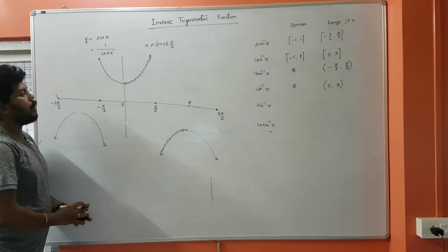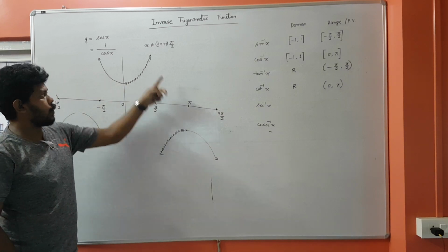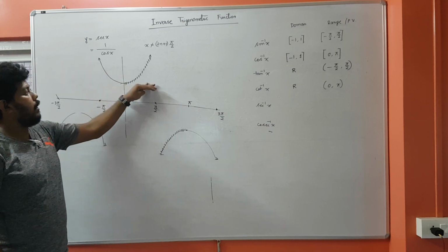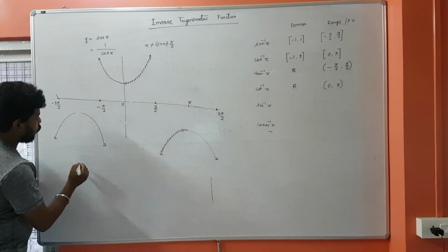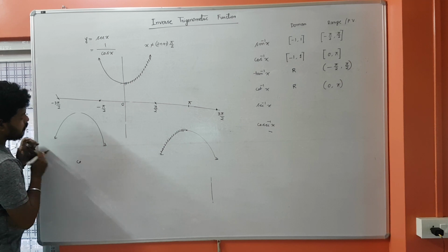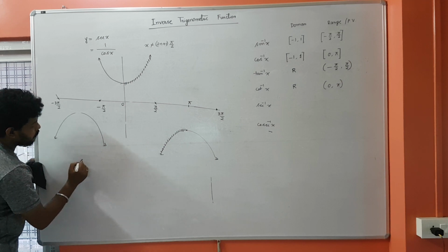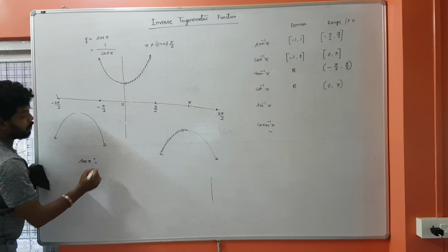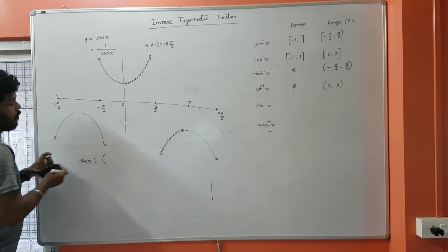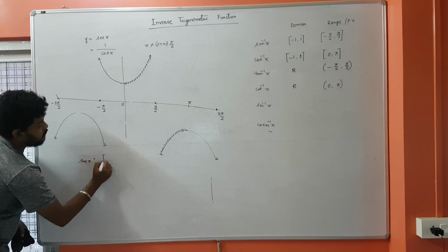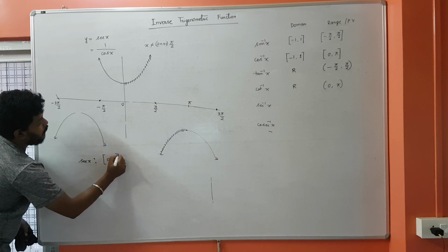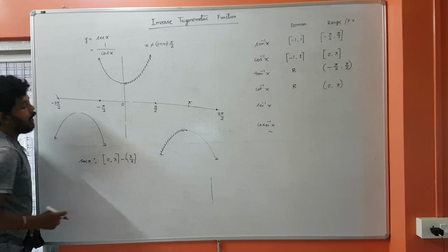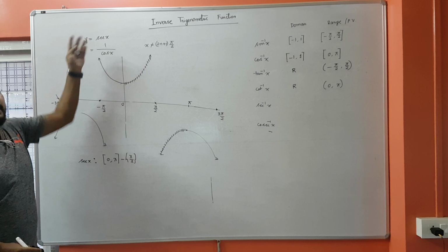If I restrict the domain from 0 to π, excluding the point π/2, the function sec x will be a 1-1 function. Therefore, sec x has domain 0 to π excluding the point π/2, because at π/2 sec x will be undefined.